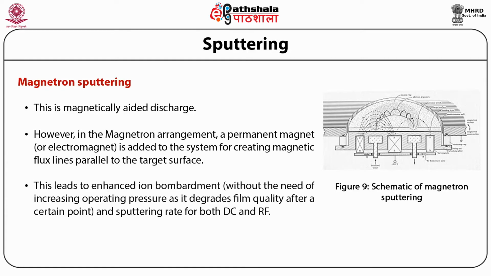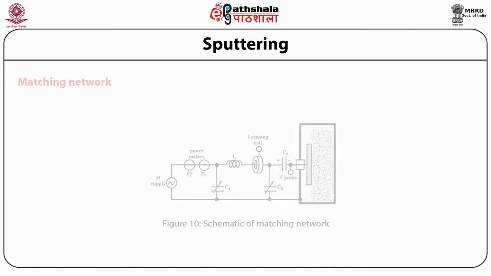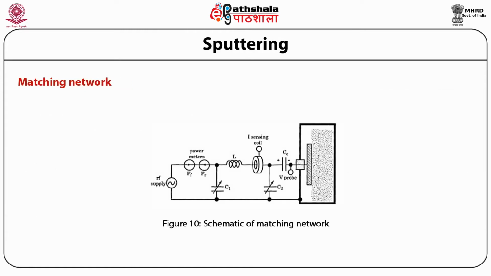This leads to enhanced ion bombardment without the need of increasing operating pressure, as it degrades the film quality after a certain point, and enhanced sputtering rate for both DC and RF. So it uses a matching network whose schematic is shown in this figure, which is used for RF plasma coupling.